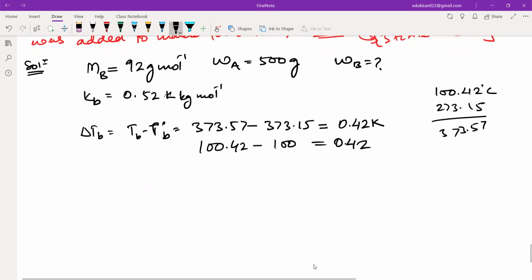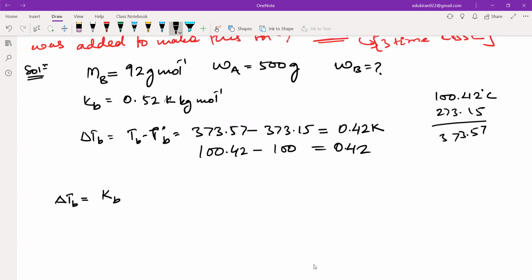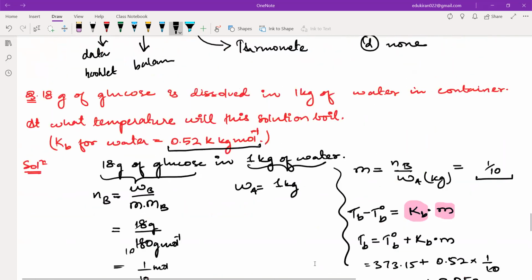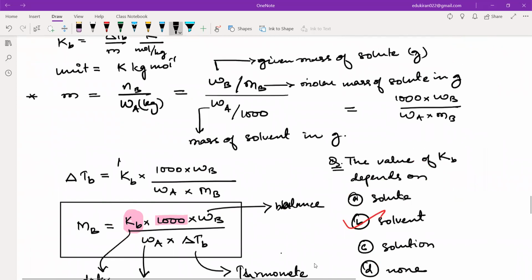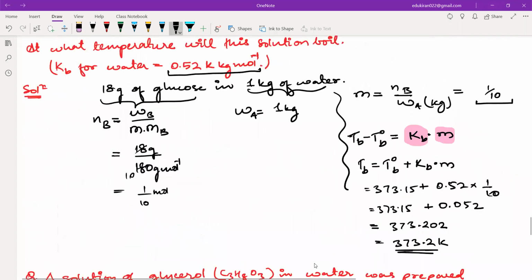Okay, now we have got the delta TB also, and you know that delta TB is equal to KB into M. We have proved this formula here: KB into 1000 into WB upon WA into MB.